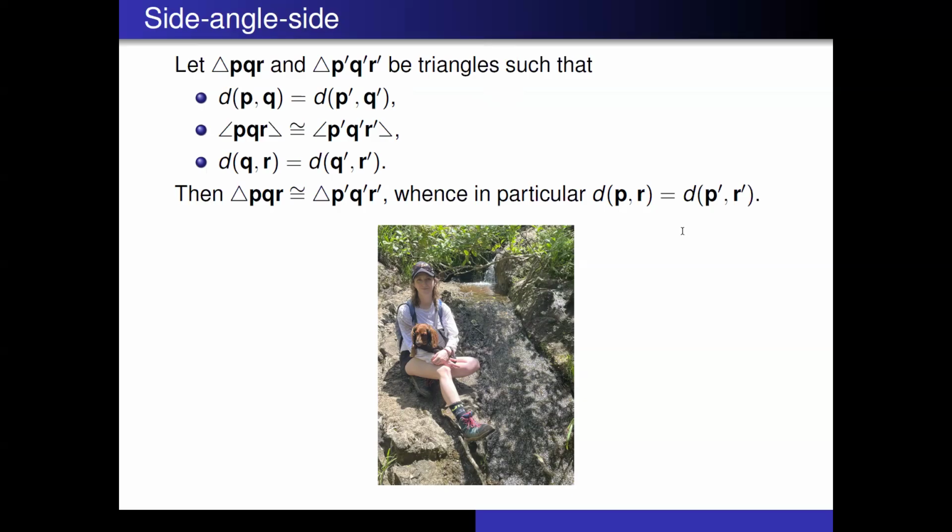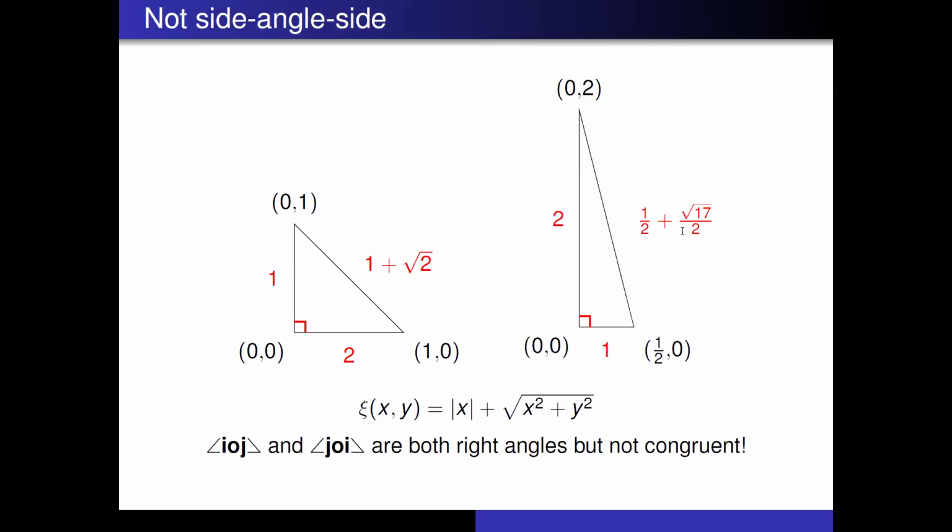Let's look at our famous norm here. We look at 2 triangles. This is a right angle at the origin. And you take 2 triangles, sides 1 and 2, but the hypotenuse is not the same.